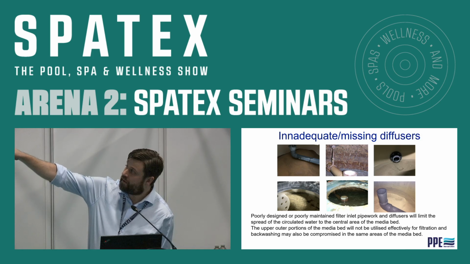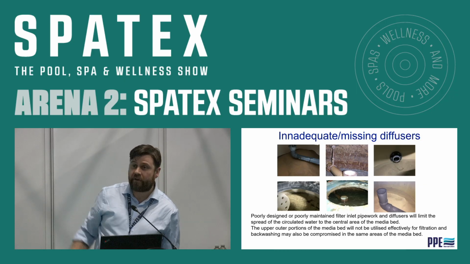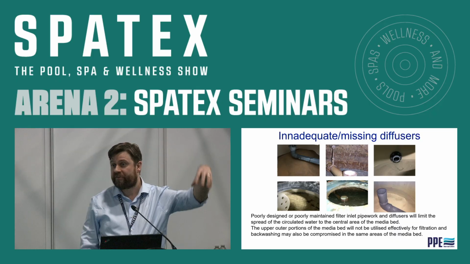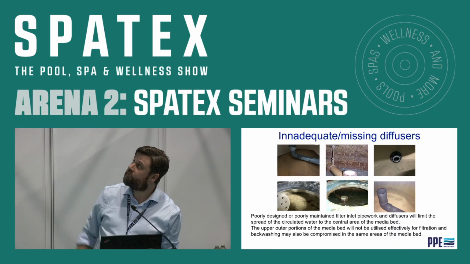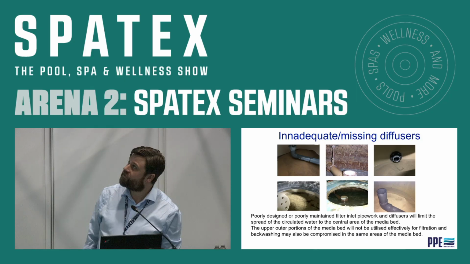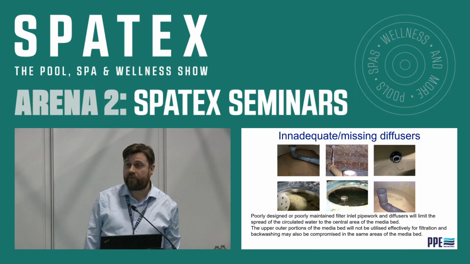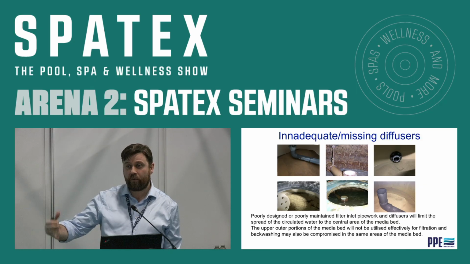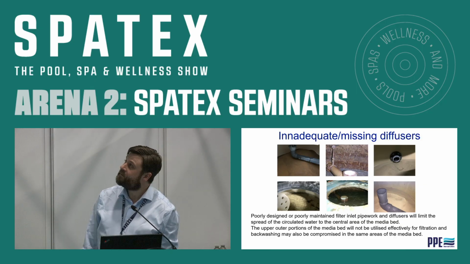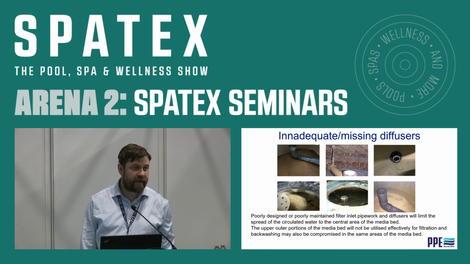Here we have a repair job done in a filter, and the media is still quite good, but without the diffuser, the water's only going to be going through the center of the filtration bed. And above is probably the best one that I've seen in all my time. There is no central pipework or diffuser. Basically, the manifold on the front of the filter was the inlet to the filter, and they were losing copious amounts of sand every time they backwashed and wondered why.